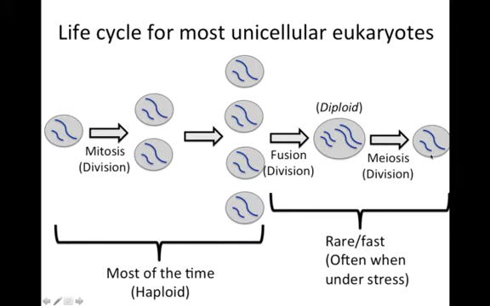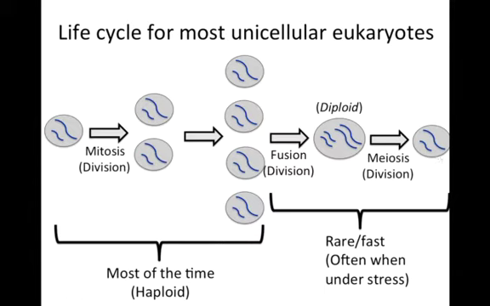So in this case, it's the same thing. Fusion occurs, and then meiosis occurs, but it's very rapid. Fusion occurs, and this diploid can often be almost transient. So these cells don't spend too much time in the diploid stage. They just fuse and then immediately undergo meiosis to give rise to reduction, to give rise to haploids.